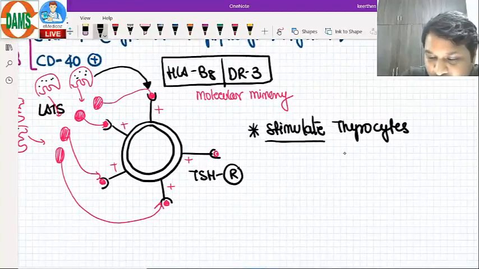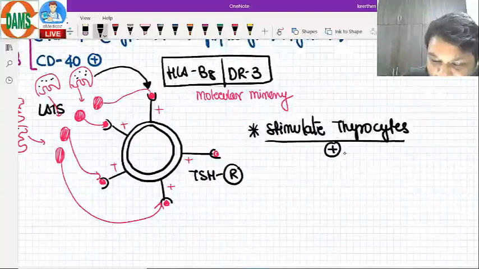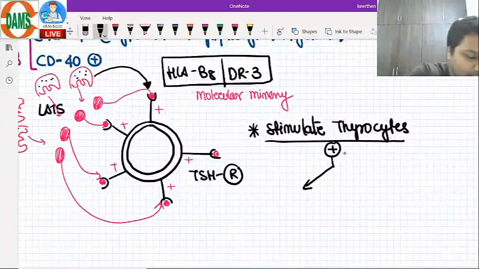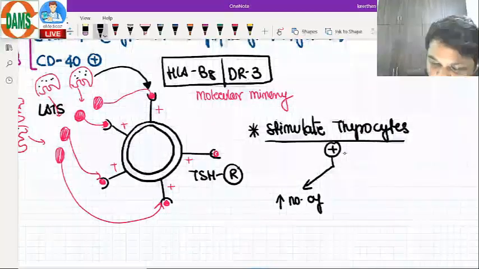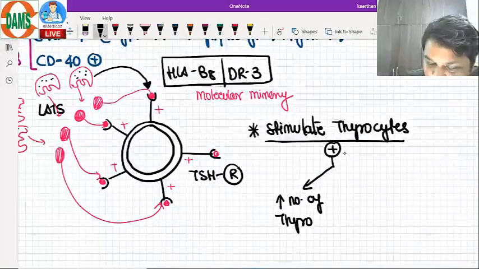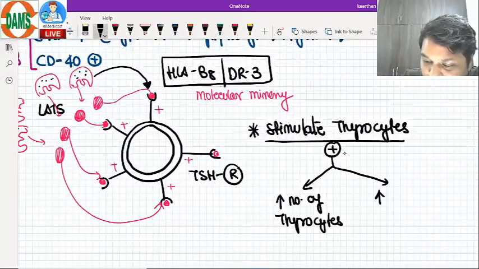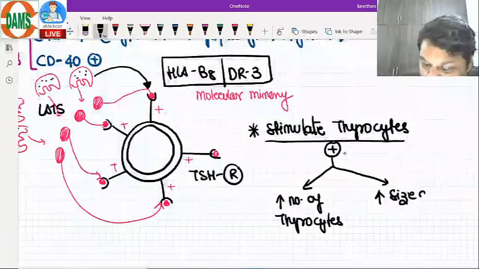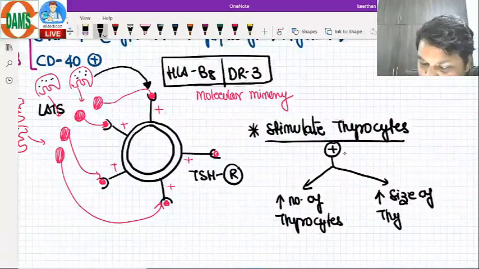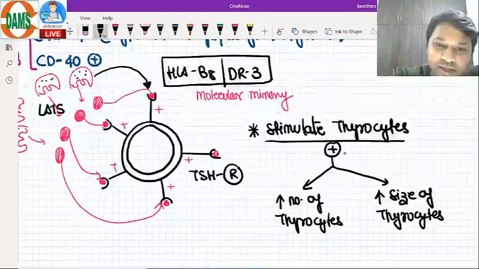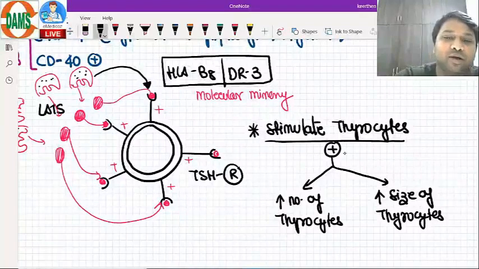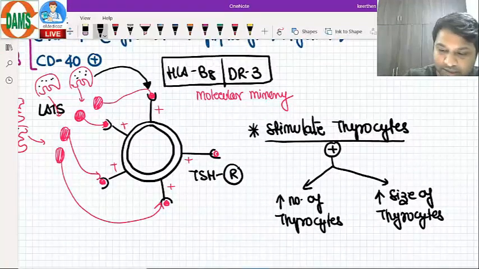Now, when the thyrocytes are stimulated, it will cause hyperplasia, so there will be an increase in the number of thyrocytes. It will also cause an increase in the size of thyrocytes. So there will be both hyperplasia as well as hypertrophy. बेटा antibody का configuration change होगा, receptor का नहीं, ठीक है?